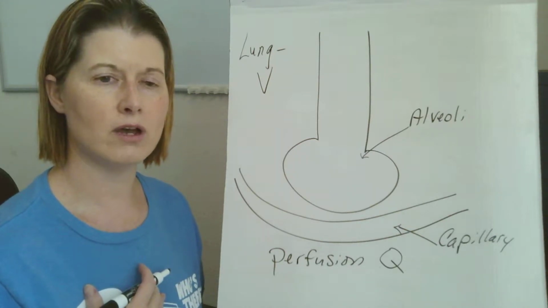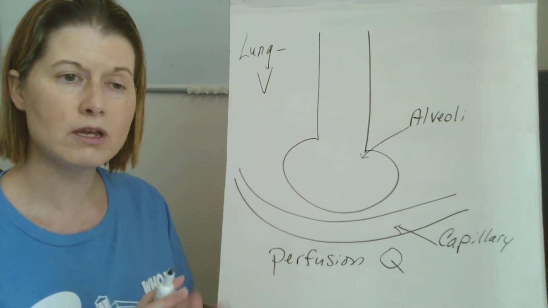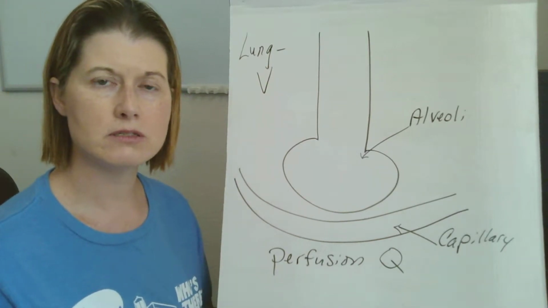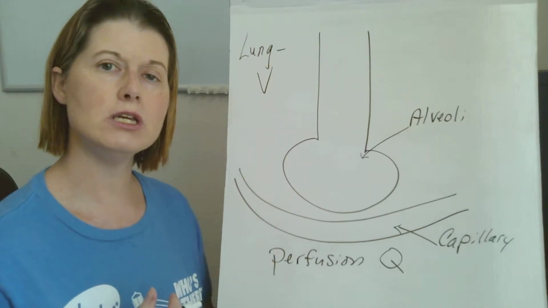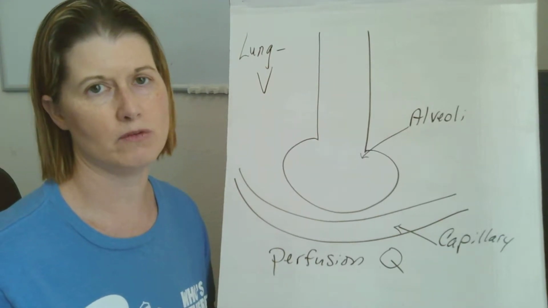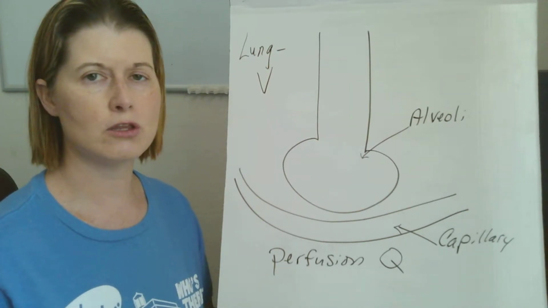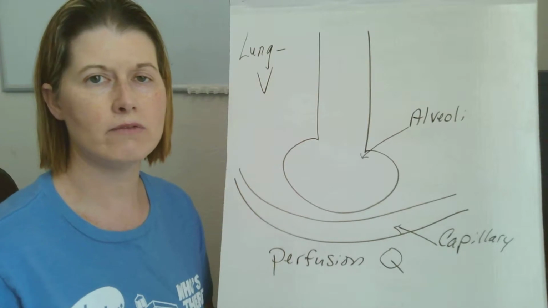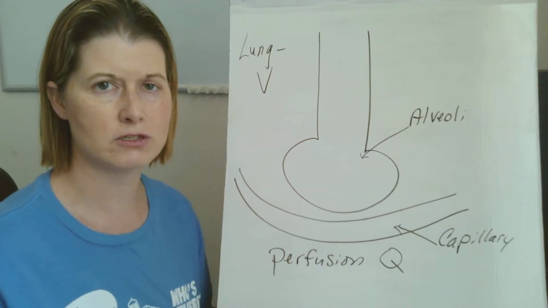Perfusion of the body system, we're looking at cap refill, we're looking at pulses, distal pulses. Perfusion of the heart, we're looking at the EKG, we're looking for chest pain, that type of thing. So we're assessing perfusion all day long, whether you're in a high acuity, low acuity, or a clinic or whatever. Wherever you are, you're assessing perfusion.